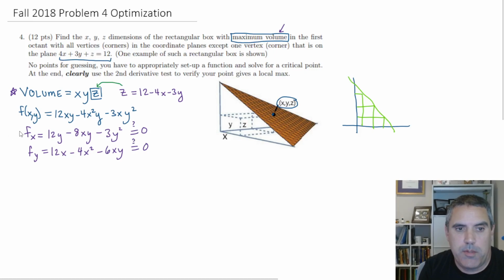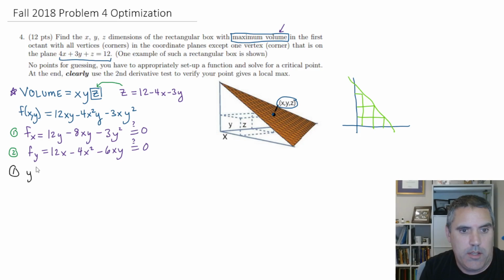Now, there is a tip here, which is that whenever possible, factor first. Don't just blindly start solving. And both of these can be nicely factored. So it's definitely the next thing I would do: I'd rewrite the first one as, let's say I can factor out a y. So it's 12 minus 8x minus 3y equals 0.